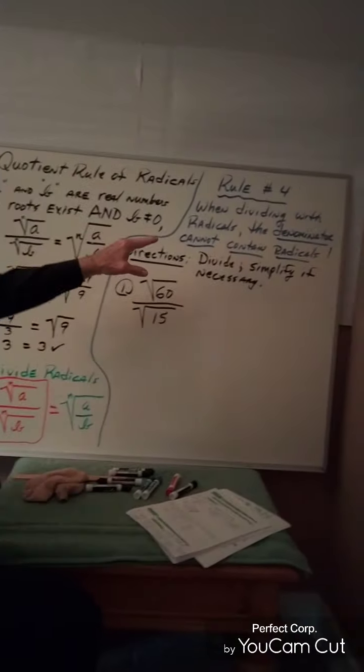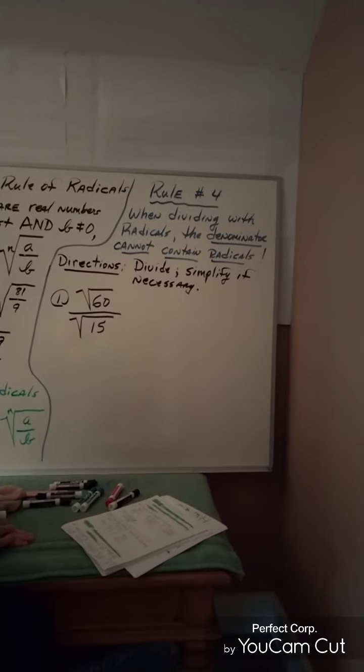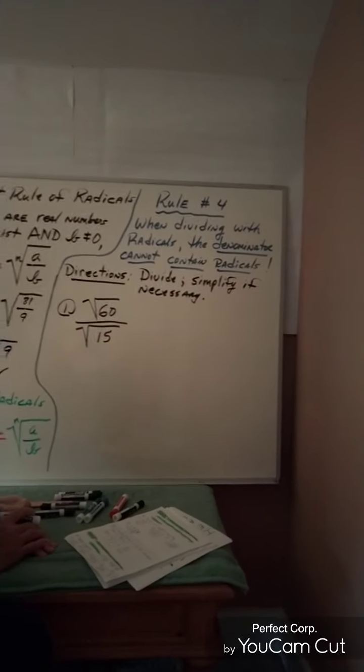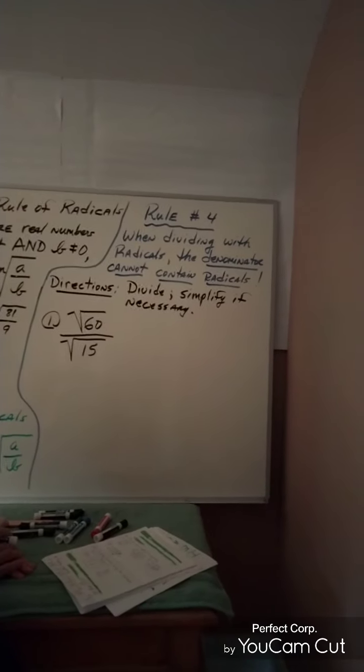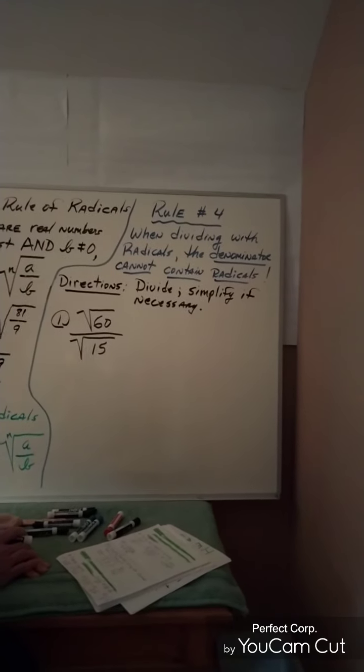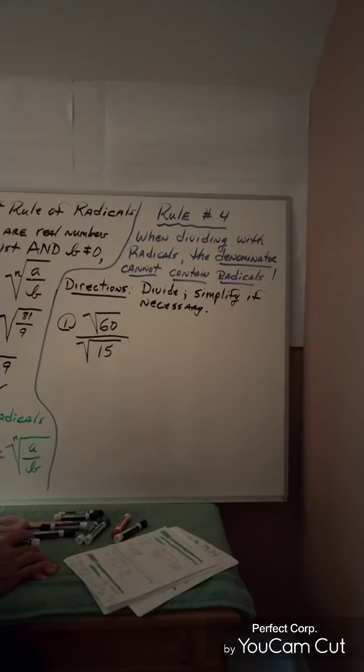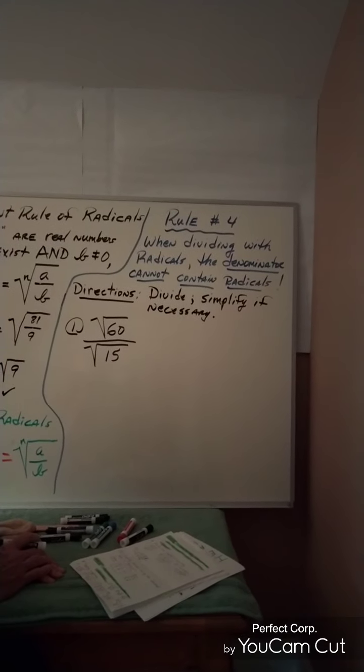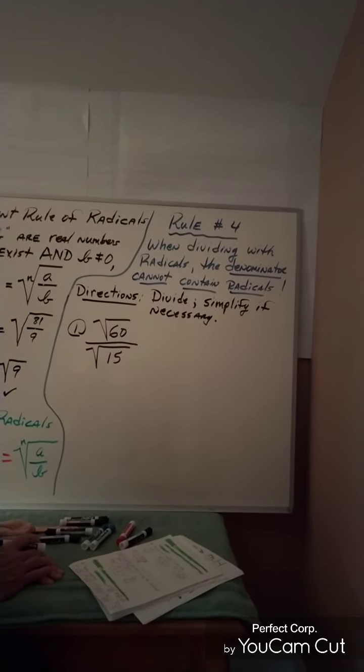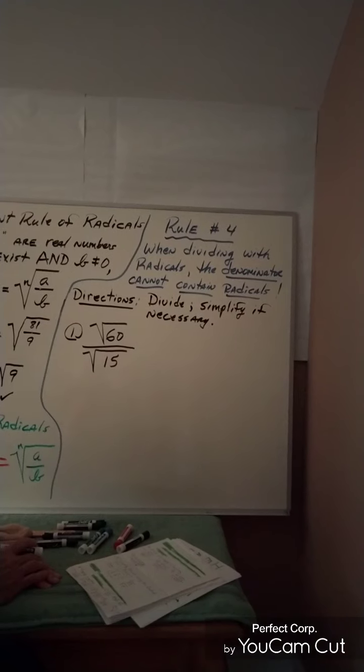And that's going to have to be done because in order to divide with radicals, we have to now introduce a new rule. Now, we've talked about 3 rules so far. I'm not going to summarize those now, but we've covered 3 rules pertaining to radicals.